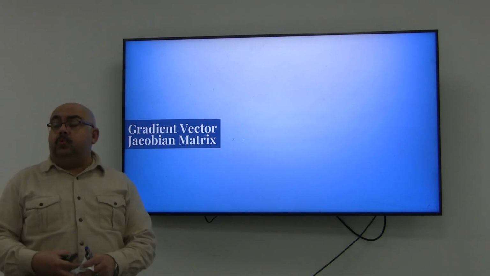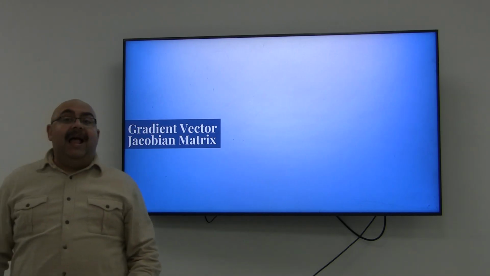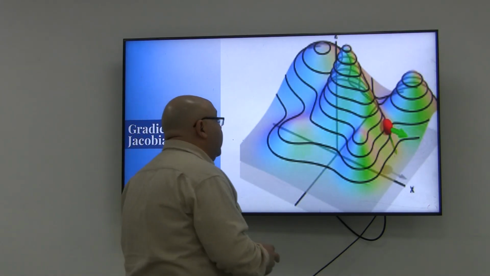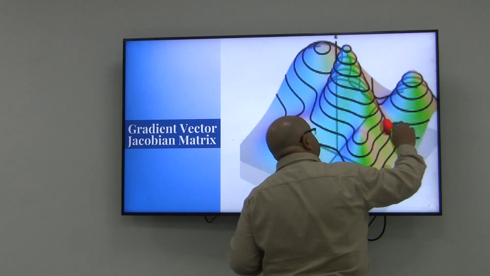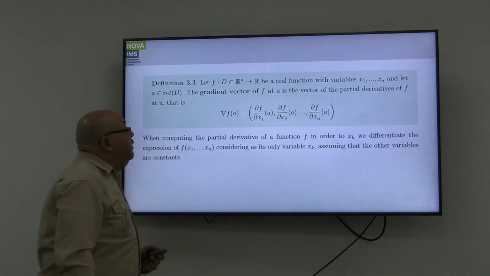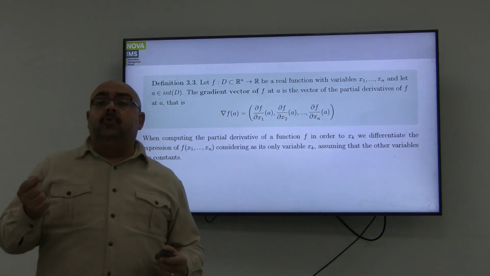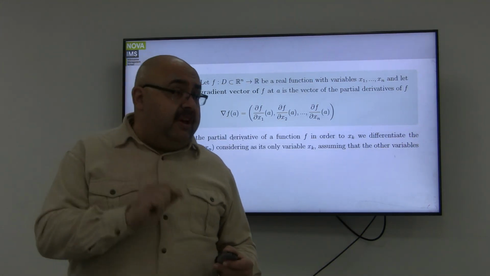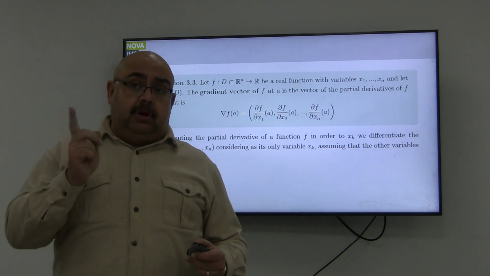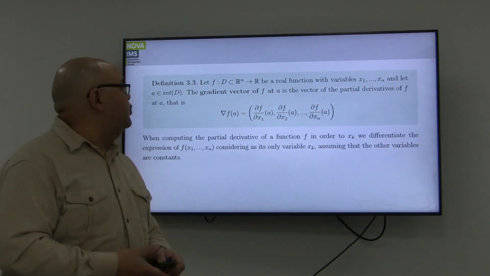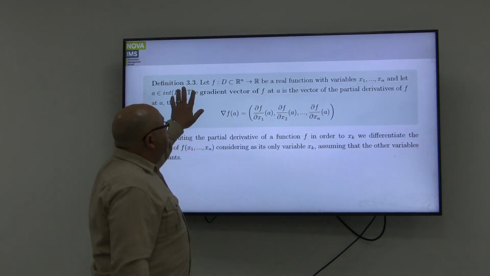Now I want to talk with you about the gradient vector and the Jacobian matrix. The gradient vector actually gives you the perpendicular direction at a certain point. The gradient vector is really very simple. All you have to do is to find the partial derivatives of a certain function with respect to its variables. The definition is stated in front of you.